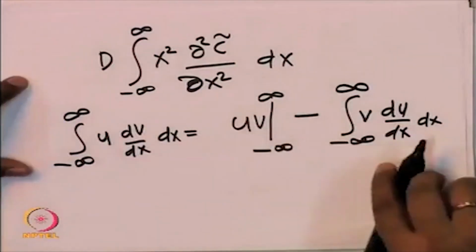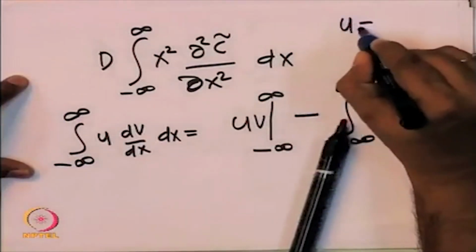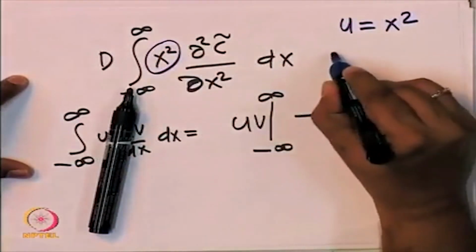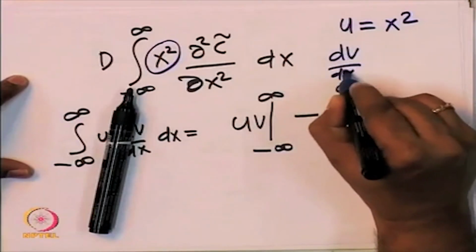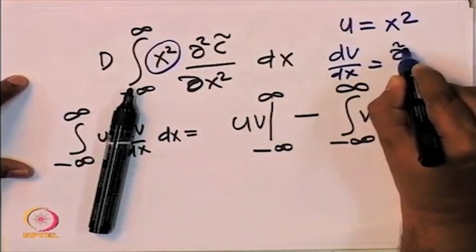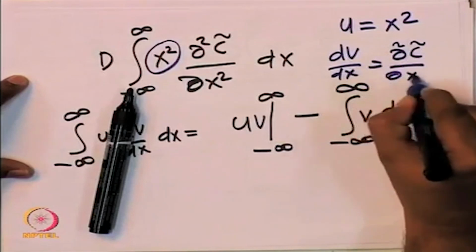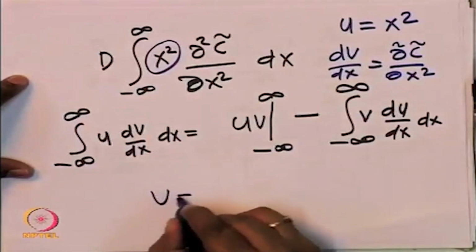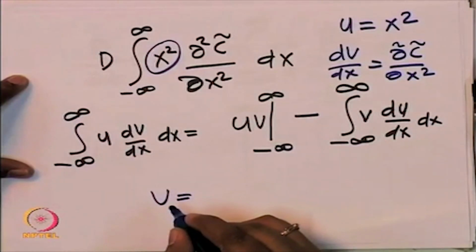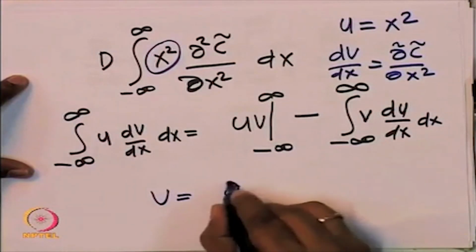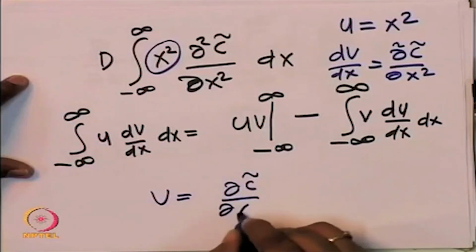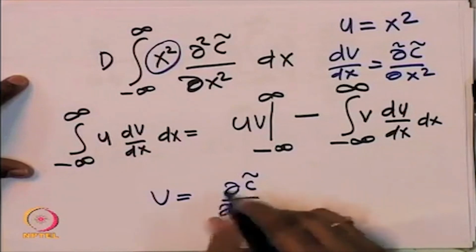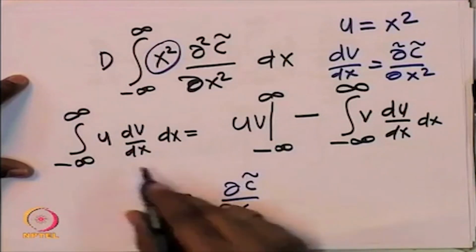Now, here u is x square, and dv by dx is del square c tilde by del x square. So, what is v? If this is dv by dx, v will be del c tilde by del x. So, the derivative of this will be del square c tilde by del x square.